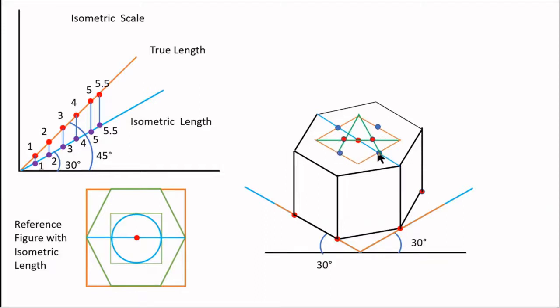isometric circle. From this corner I'll take a radius up to this distance and draw an arc. From this corner I'll be taking the distance up to the midpoint of the opposite side and drawing an arc.